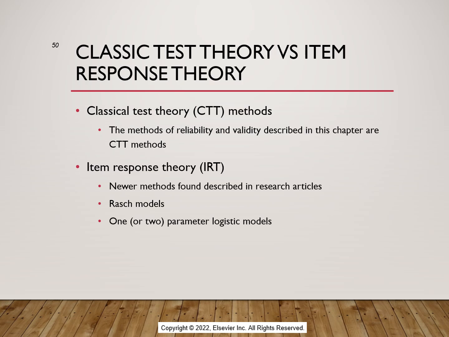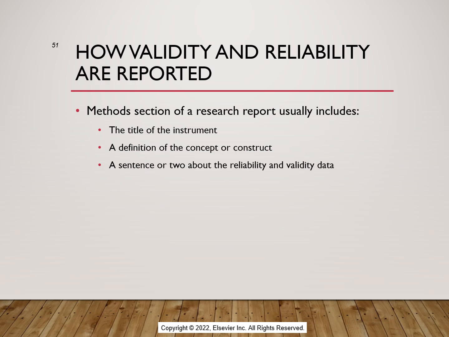I don't typically see these things included in the research articles that I've read recently. And if you want to read more deeply about these, you can consult your textbook. So while you're looking and reading through your research report, you'll want to make sure that if there's an instrument, the researchers also report the validity and reliability and include that in your critique.